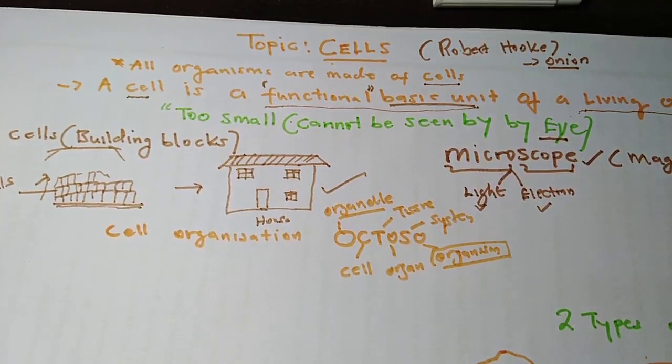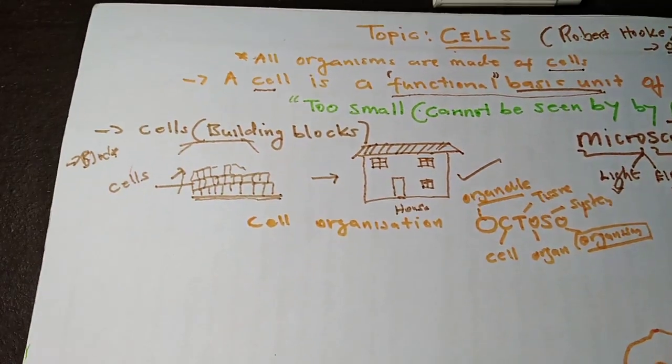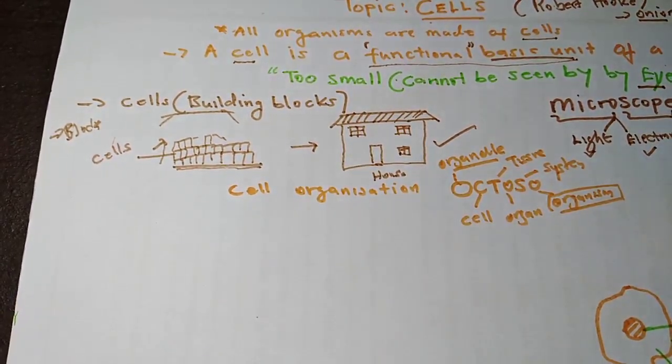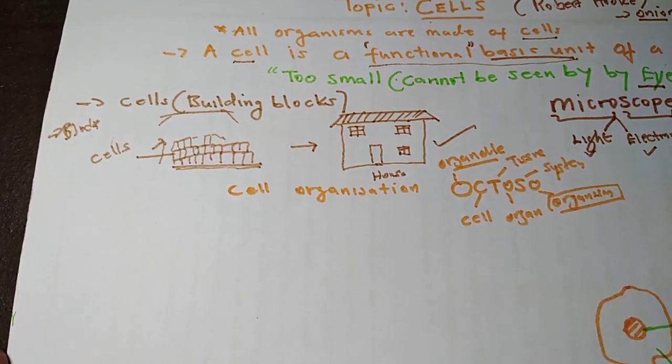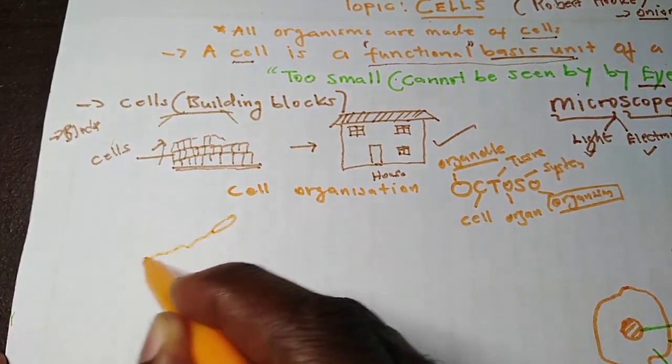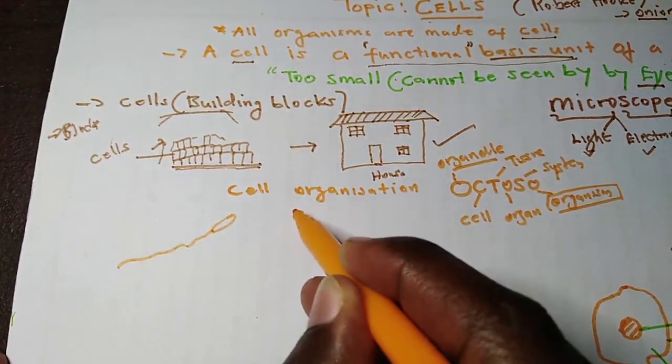Okay, so for us to understand what we mean when we say a cell is a basic unit, let's look at what happens in humans. The way humans are formed, after fertilization, you have a sperm cell with a tail and you have an ovum.